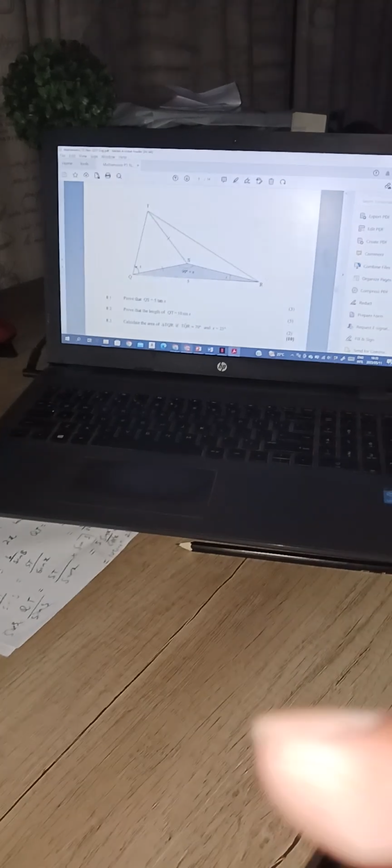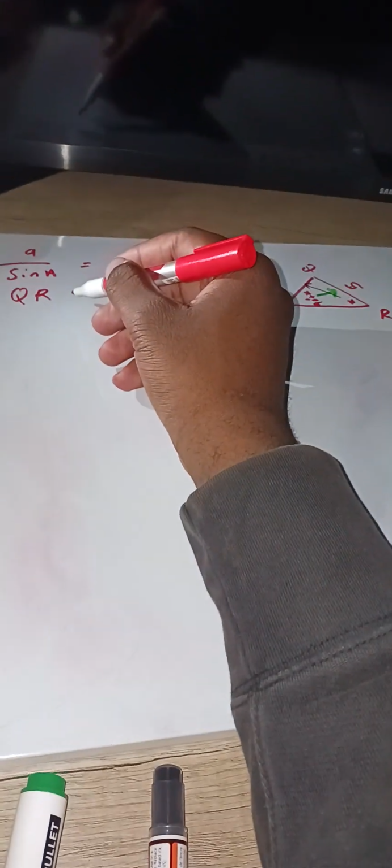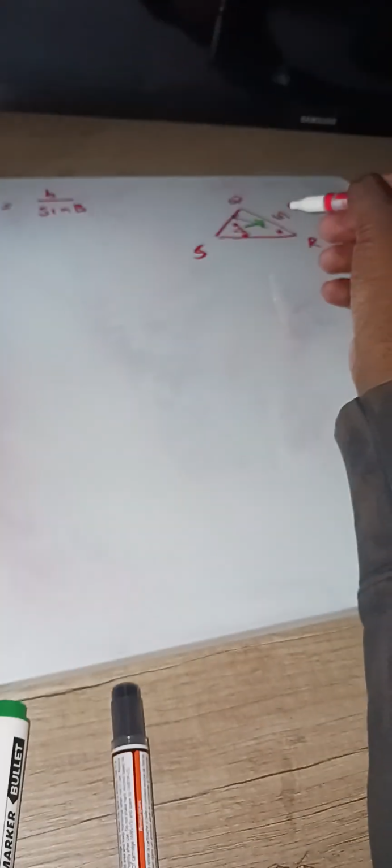So if I may start by choosing QR, and remember the question is looking for proving that QS. So we can say QR all over the angle that is related to QR.